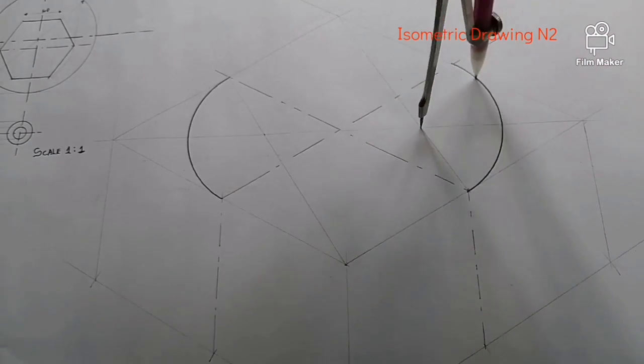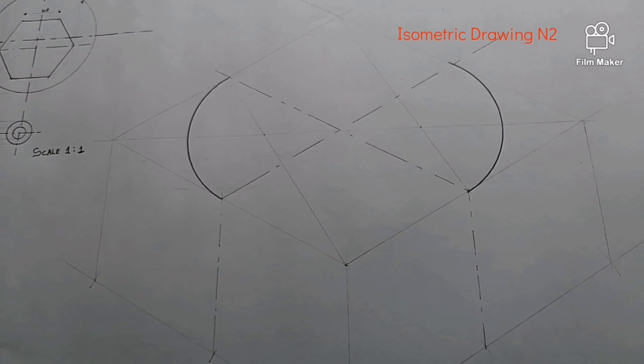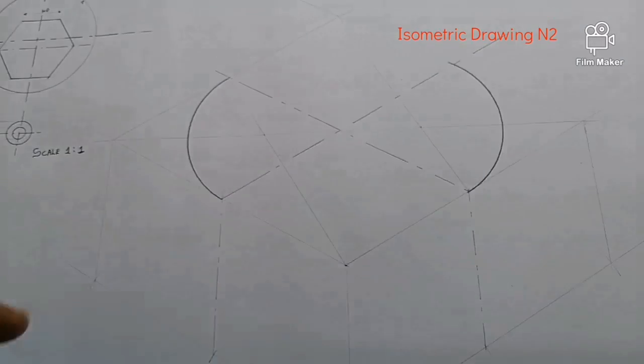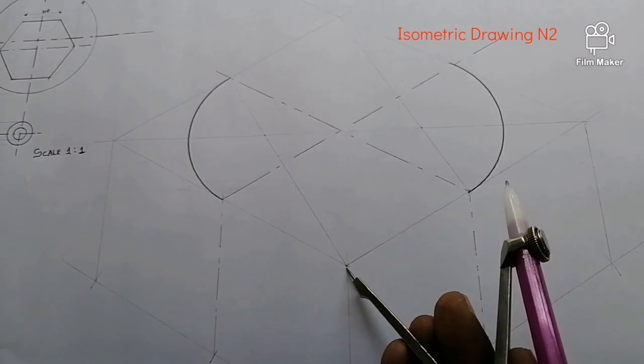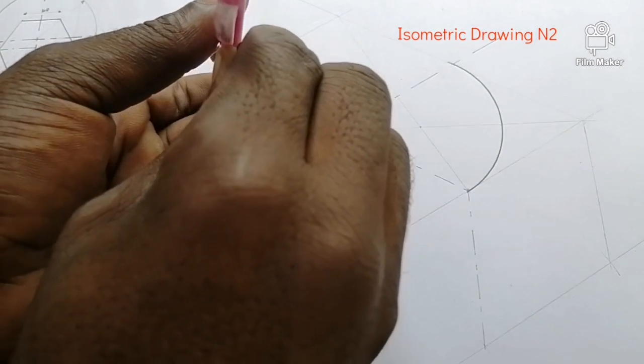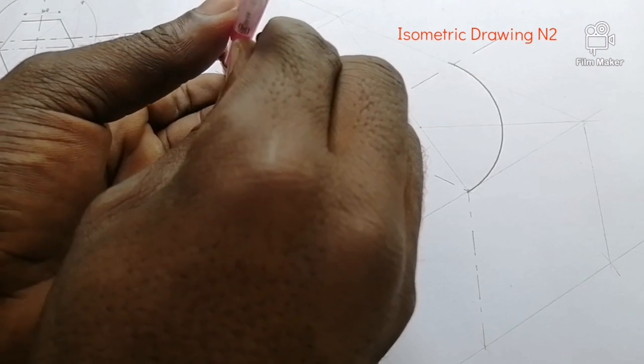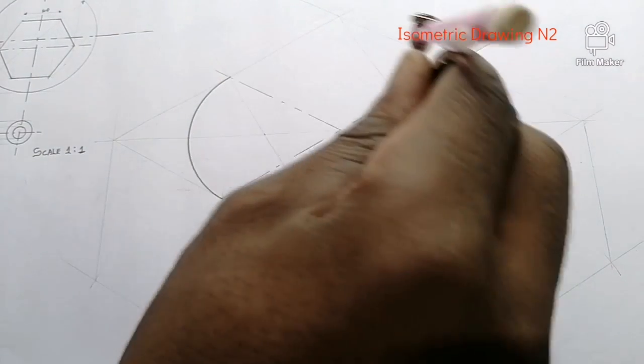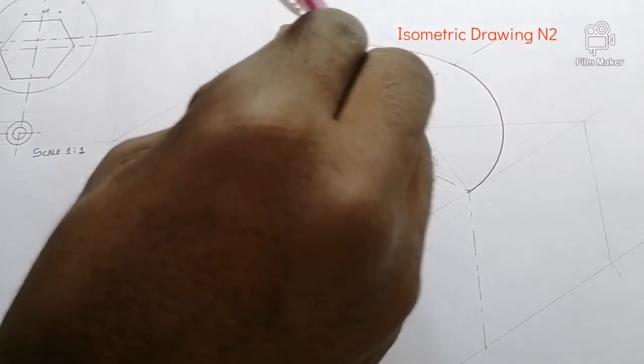Dark, solid. So from there, now to close it up there, you come, you place your compass here to this corner. Further extend it to your center. Like this.